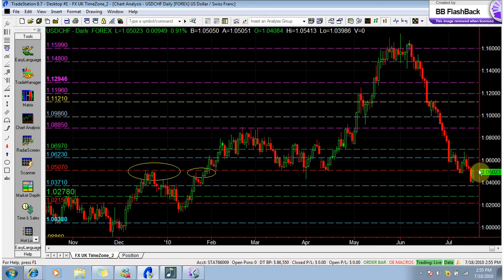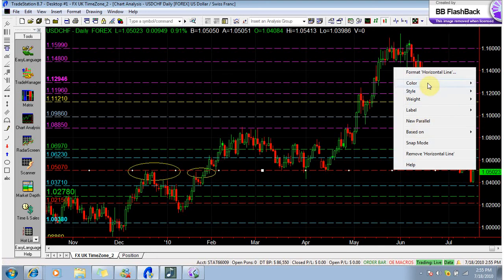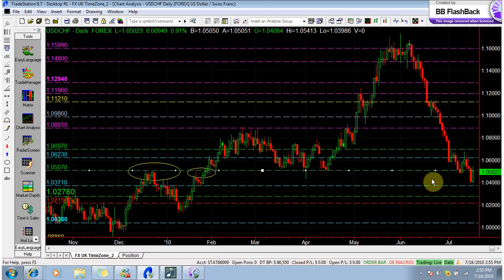So this was our original sell signal, so this now turns into our buy signal. The 150.07, we traded above it and we closed the week at 150.02. So this is a buy signal, and we should be looking at buying the Swiss, or buying the dollar versus the Swiss.